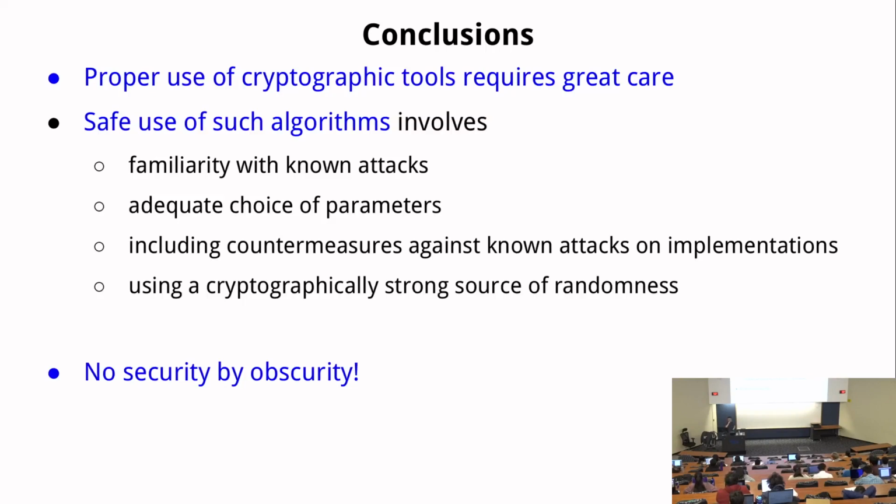You should be familiar with some known attacks and choose correct parameters. Most of our security solutions will use some sort of crypto tool. No matter whether it's system security or software security, you will use crypto a little bit. That's why for all computer security courses, the first background we have to discuss is crypto.